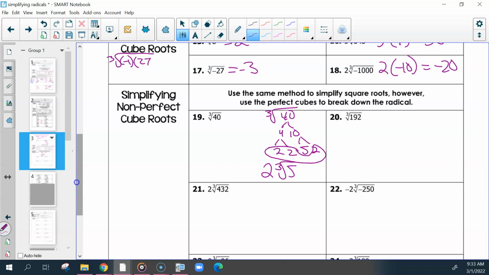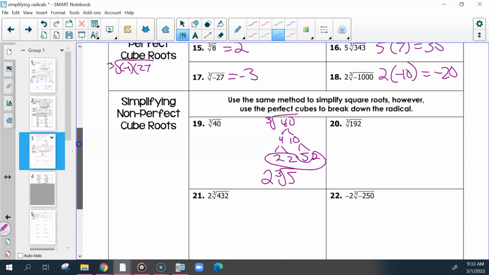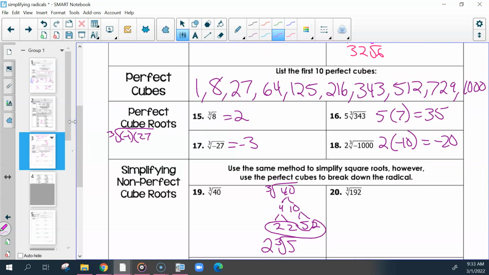Before we do it the other way, what questions do we have? Using the other method, now we're looking for what is the highest perfect cube we can divide 40 by.